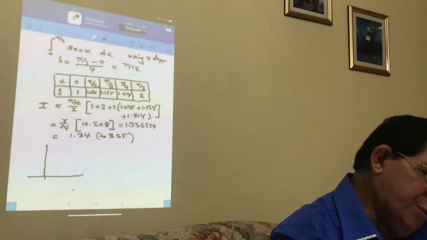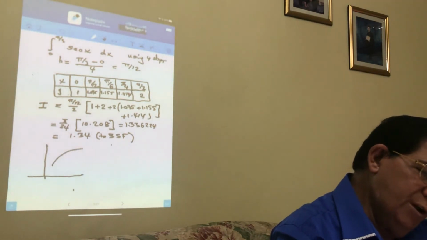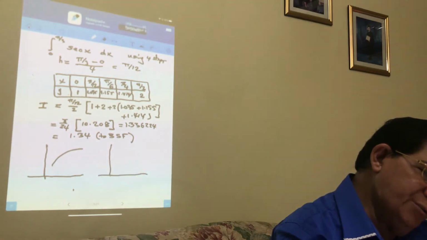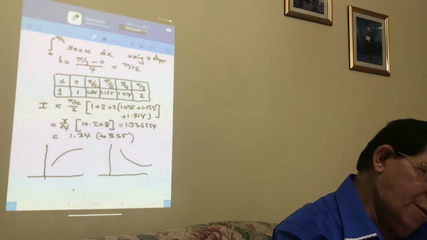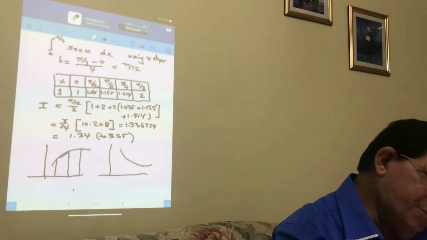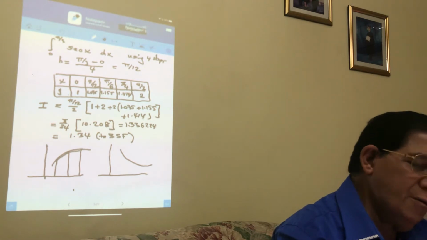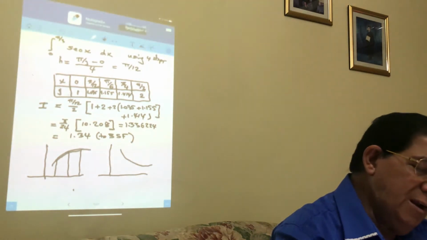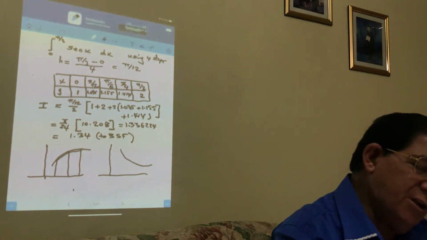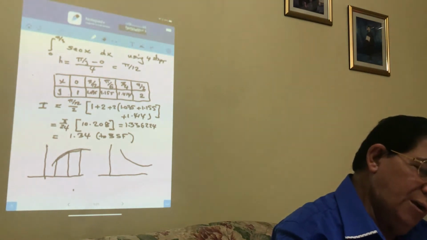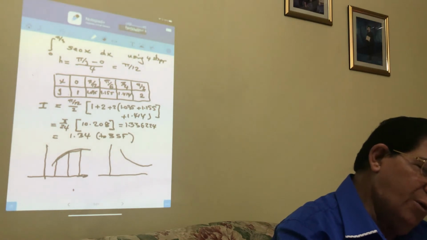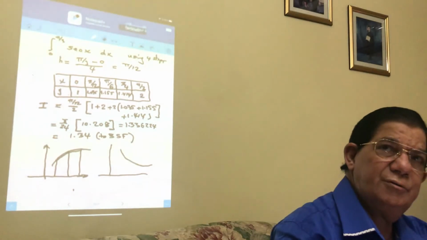If our graph is like this, or if our graph is like this. If our graph is like this and these are our strips, and we are calculating the trapeziums, the area of the trapeziums is less than the exact area, and accordingly we say the answer we get is less than the exact answer.